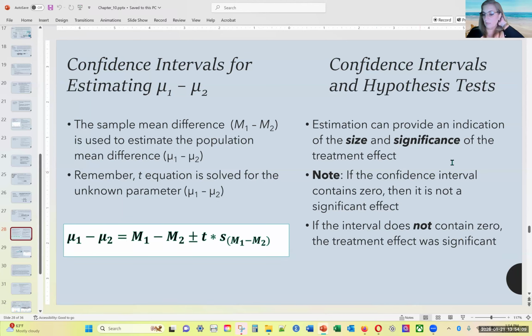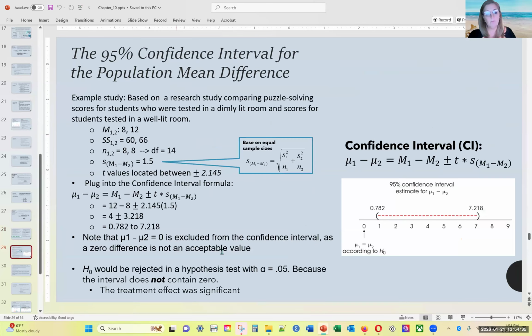So the estimation can provide an indication of the size and significance of the treatment effect. However, you should note that if the confidence interval contains 0, then it's not a significant effect. So if 0 is within those two parameters, you have no significant difference. If the interval does not contain 0, the treatment effect was significant in this test.